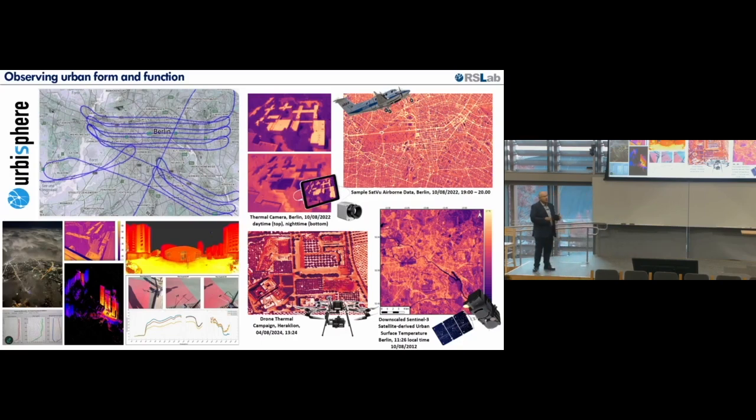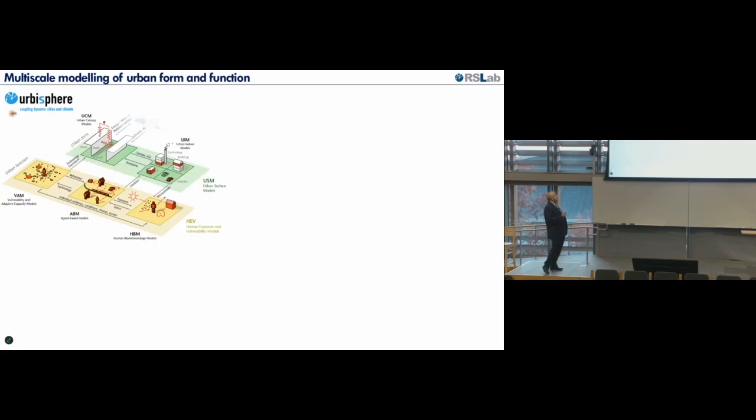So we have detailed information from all instruments of Earth observation, and we use it to parameterize and to evaluate models. So we have coupling of several models. We couple human exposure and vulnerability models with urban surface models, with climate-scale models.